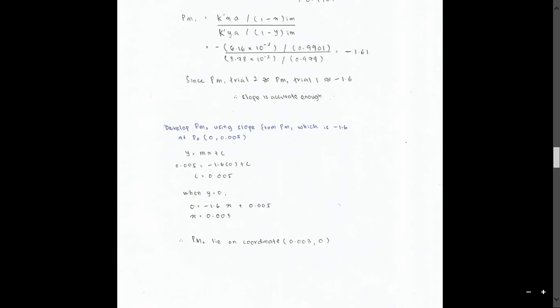So we want to find the value for x, and c is the y-intercept for the second slope, which is 0.05. Then we will get the value for x, and the coordinate for the PM2 line, which is 0.003.